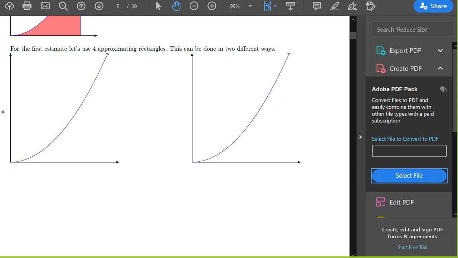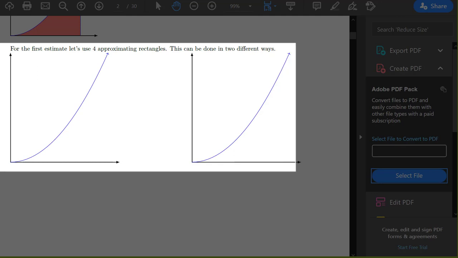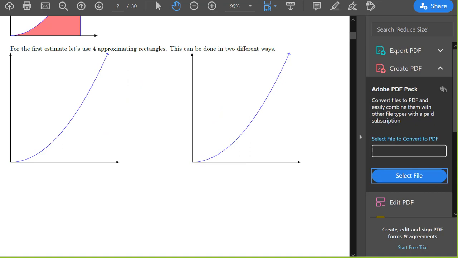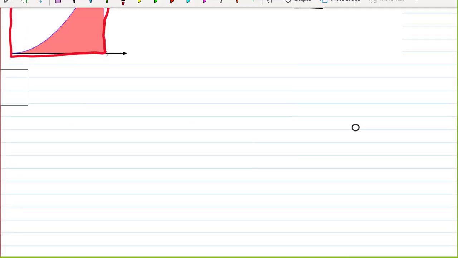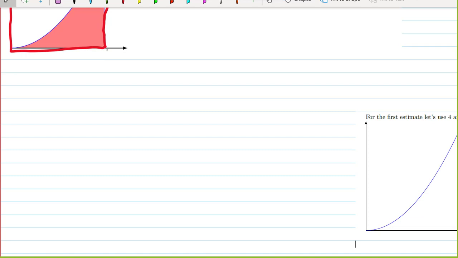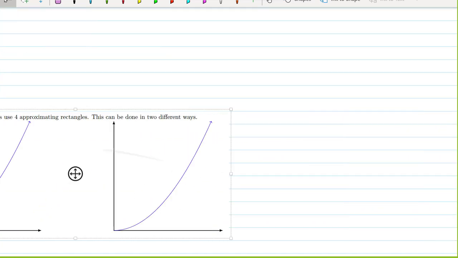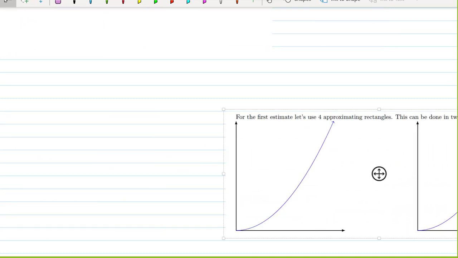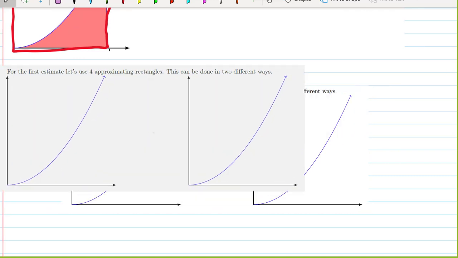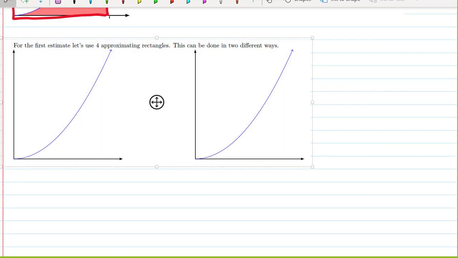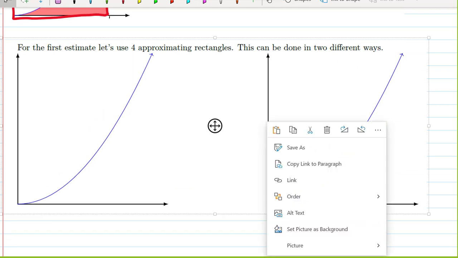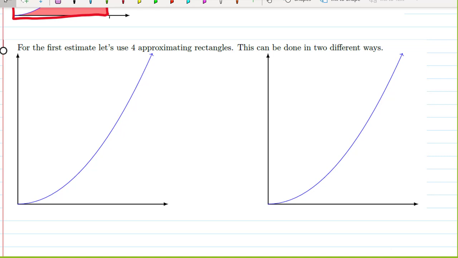So we've got a couple of graphs. So let's start with this, and we want to find an estimate of this area by using 4 approximating rectangles. So this can happen in 2 different ways.